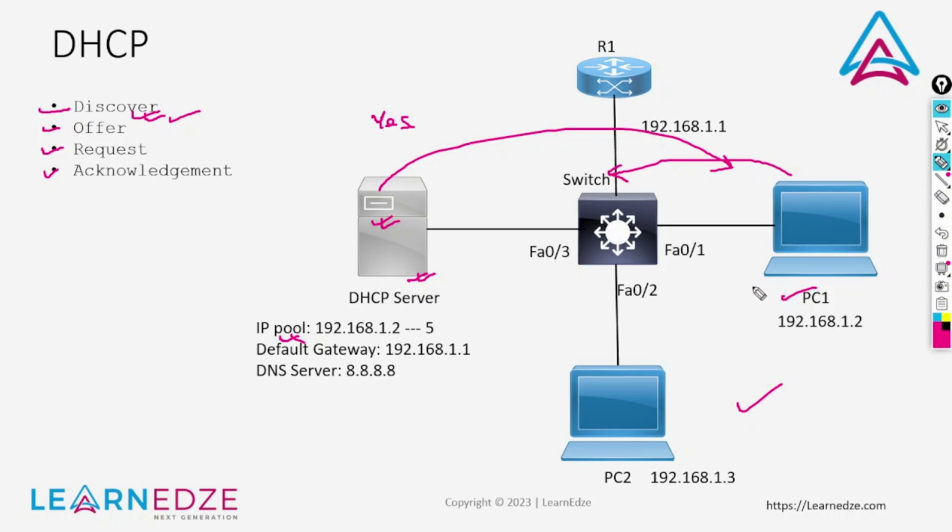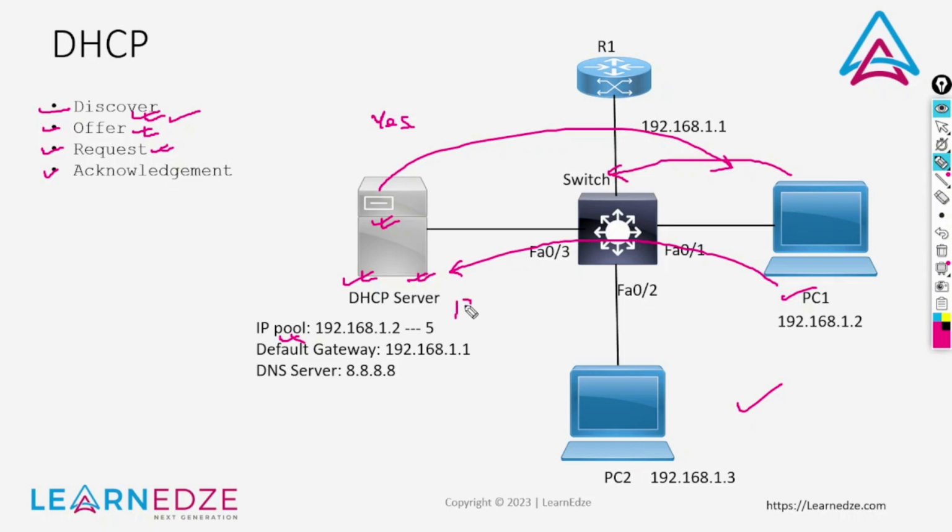Now PC1 will get the offer reply from the DHCP server. Then PC1 will send a request packet to the DHCP server asking it to assign a particular IP address. Once this request is received by the DHCP server, the server will reply with an acknowledgement by sending an IP address.